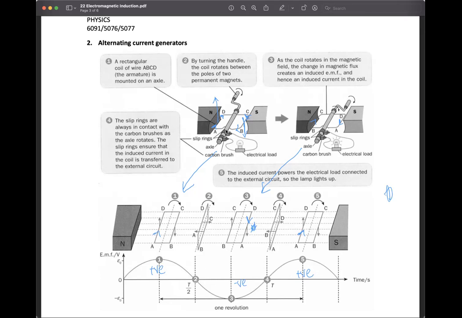Now, in the previous topic, what we had was not a slip ring. You get a split ring commutator, so that in one side the current is always in the same direction. The slip rings are always in contact with the carbon brushes.